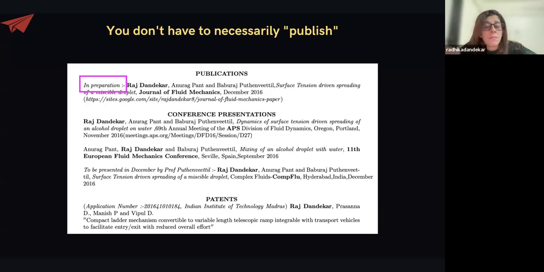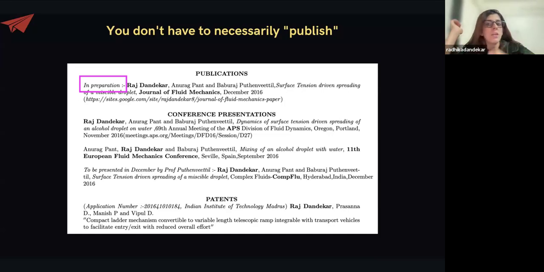I'm highlighting this point so that you don't panic, and I'll show you an example of Dr. Raj's resume, where under his publication section he's mentioned "in preparation." One of the papers that he was writing was in preparation. He had not even submitted it by the time he applied to MIT. And this, of course, was validated by his professor in his letter of recommendation, okay.